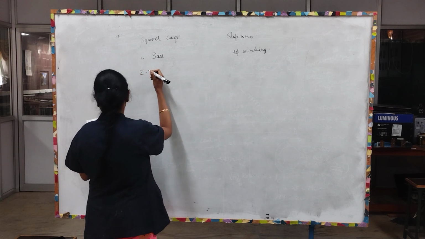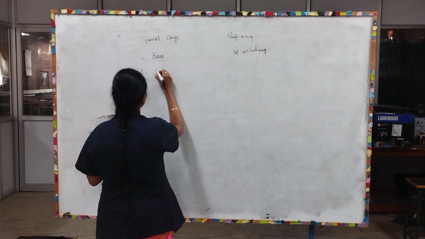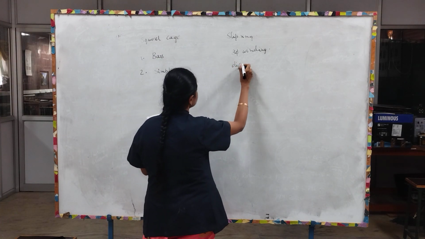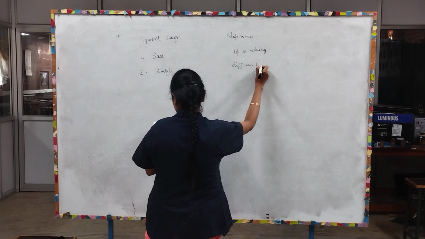Squirrel cage is simple in construction, whereas the construction is difficult in the case of slip ring.